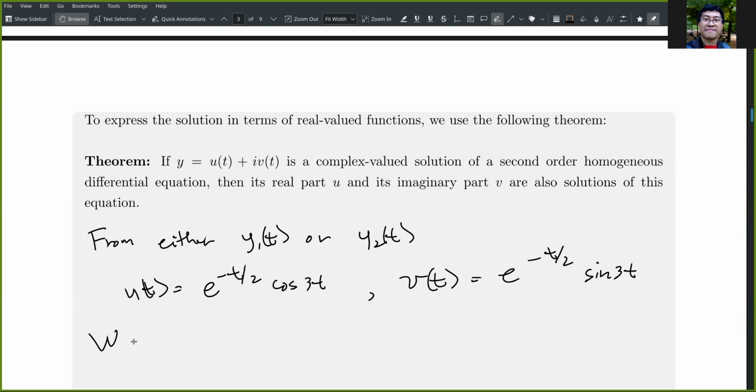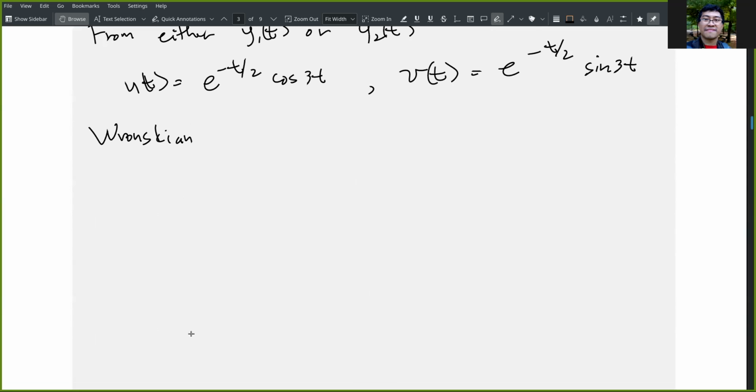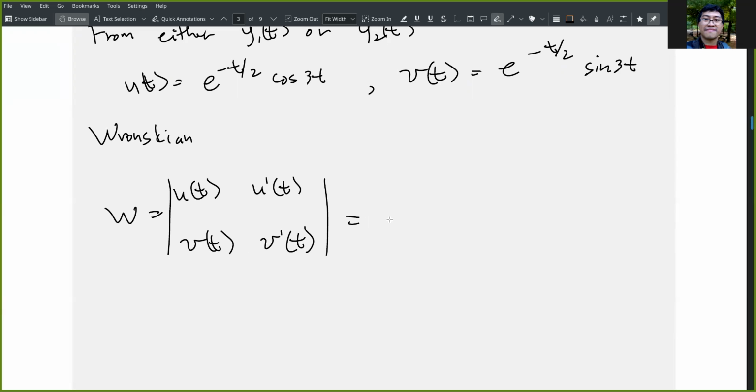So the Wronskian can be written as u(t), u prime(t), v(t), v prime(t), and then you take the determinant of that matrix. u(t) is e to the minus t over 2 cosine 3t.